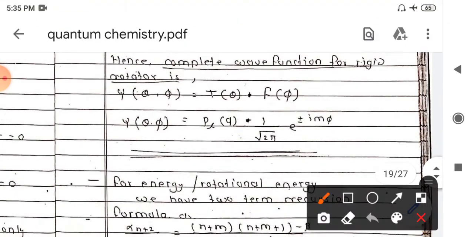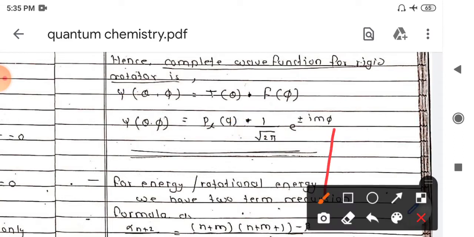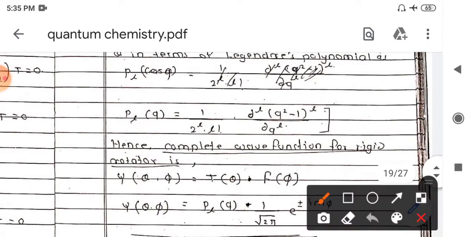So the complete solution for the rigid rotor is the combination of the theta equation and the phi equation. The solution for theta is Legendre's polynomial, that is P_L, and for the phi equation we know that the solution is 1 upon root of 2 pi into e raised to i m phi. Here you can see the new quantum number L is obtained.